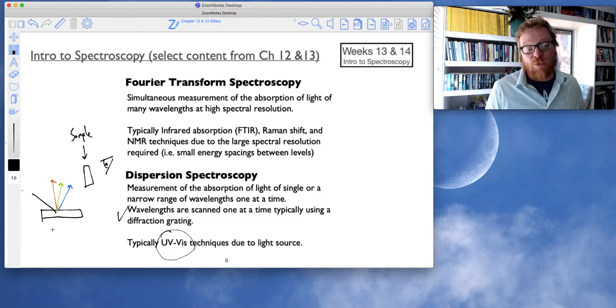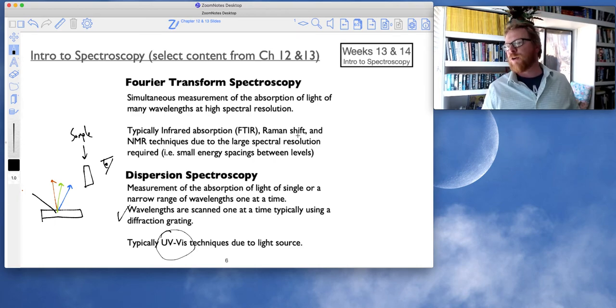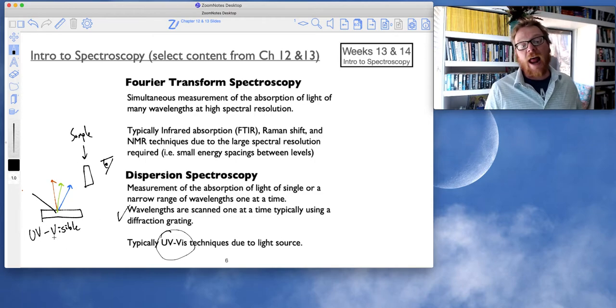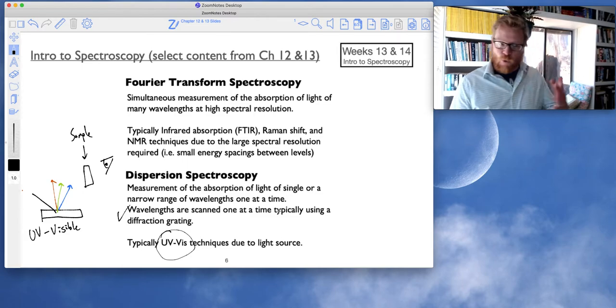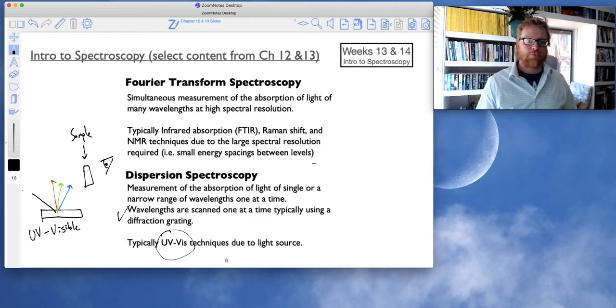For example, if we wanted to use dispersion spectroscopy for infrared, we could do it. We could absolutely do dispersion spectroscopy with an IR source of light. It was done before the FTIR existed.